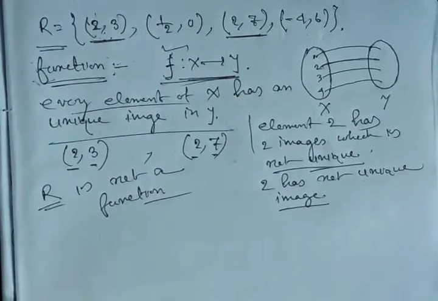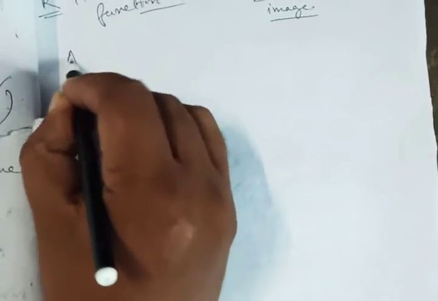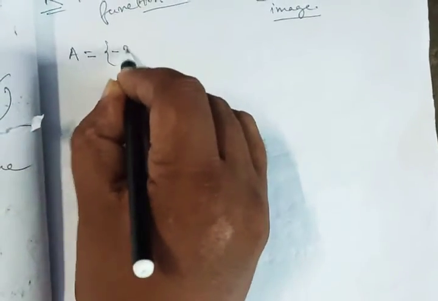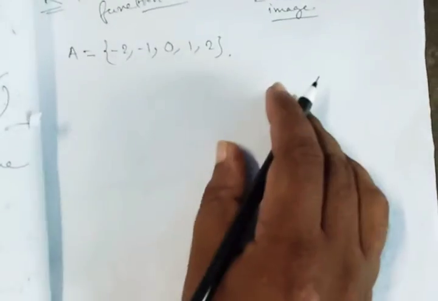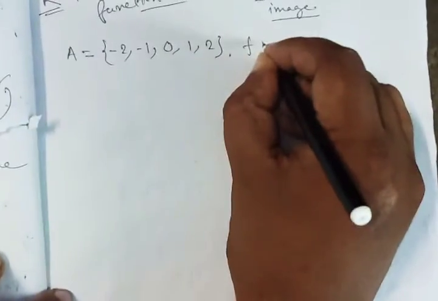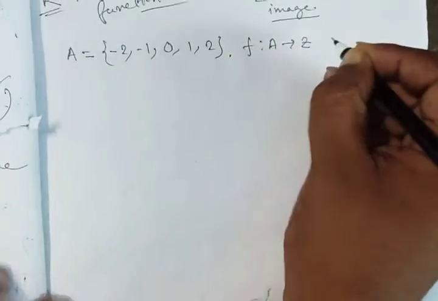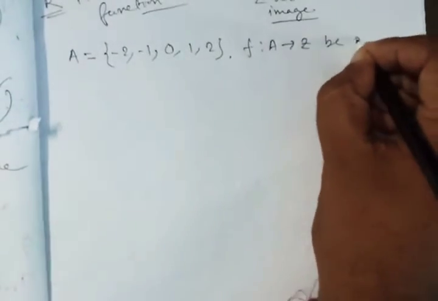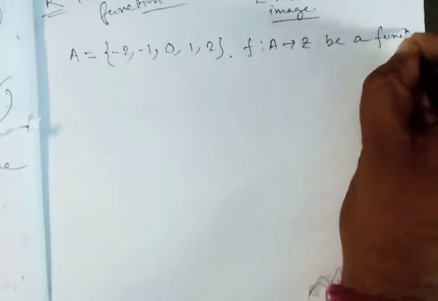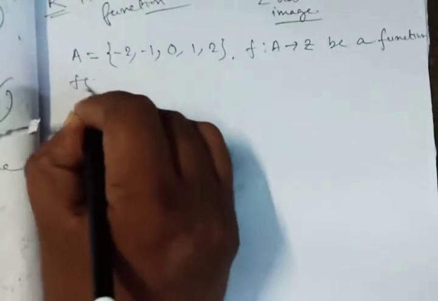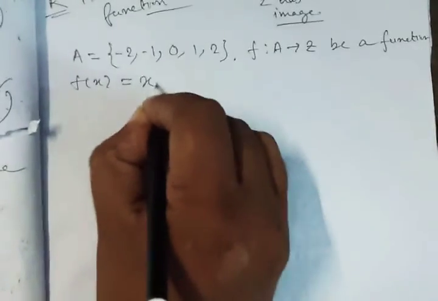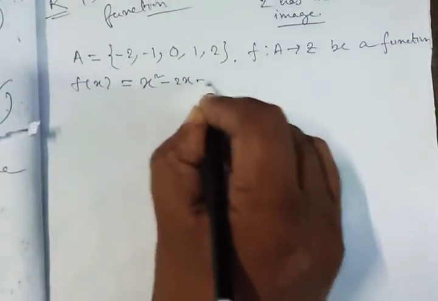Okay, next move to another. Now in this question, A is given as {−2, −1, 0, 1, 2} and f from A to Z is a function defined as x² − 2x − 3.